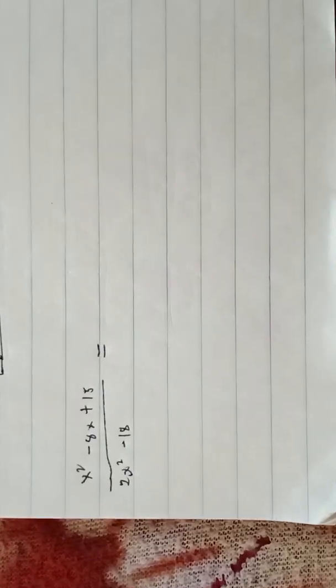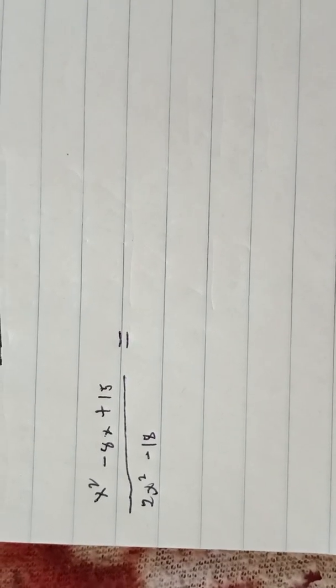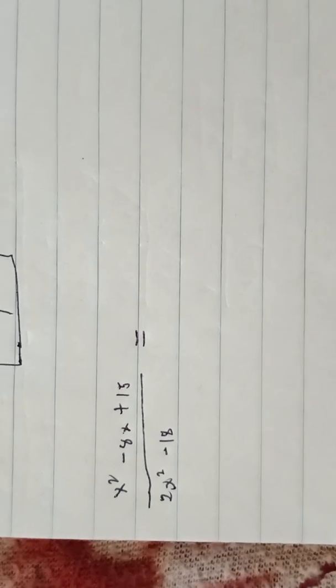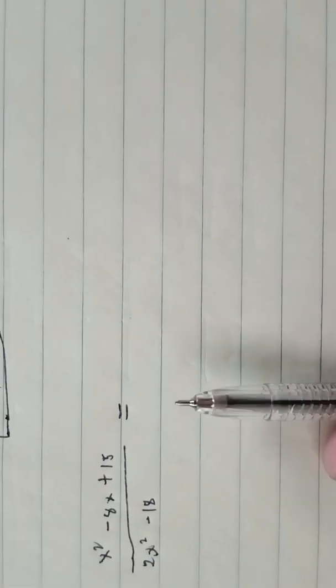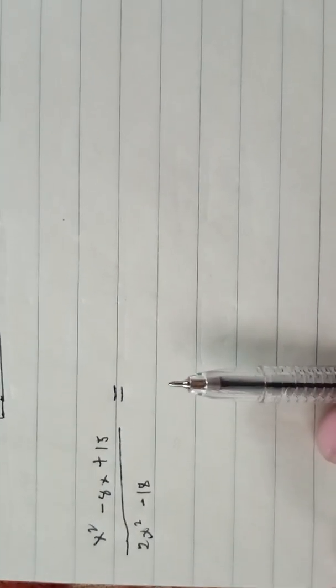Okay. As you can see, our next example, which is x squared minus 8x plus 15 over 2x squared minus 18. As usual, we're going to factor them so that we can find the like terms that we can be eliminated.